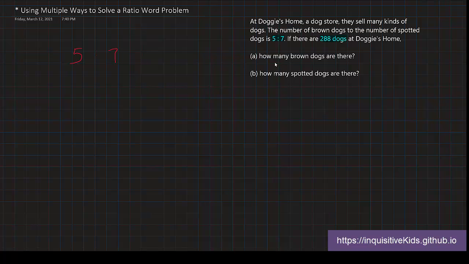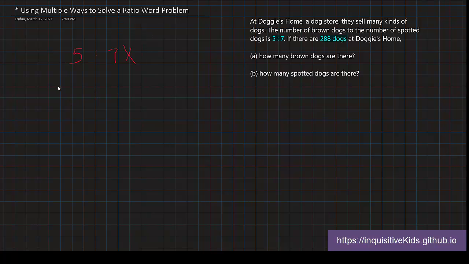Since we're working on A right now, we don't really need the 7 that stands for the spotted dogs. All we need for information is the brown dogs unit and the 288 dogs at Doggie's Home.